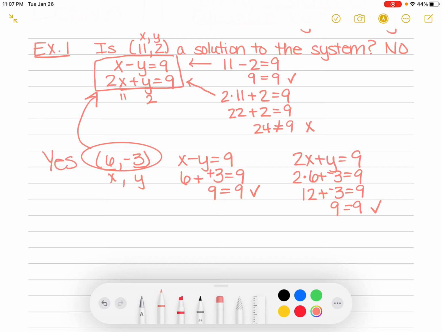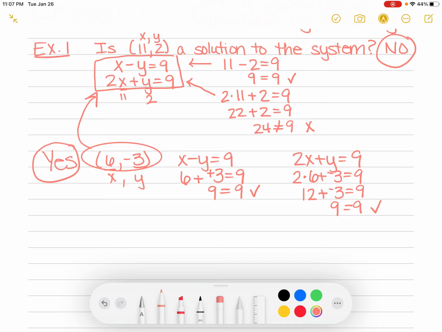Okay, so we use the same system and we check 2 different points. The first one, (11, -2), did not work, but the second one, (6, -3), did. So the first answer was no, and the second answer was yes. Okay, so that's what you're going to do in the first parts of your homework.